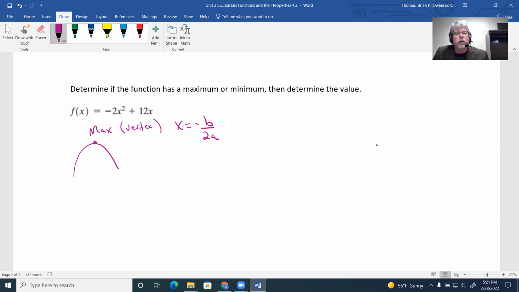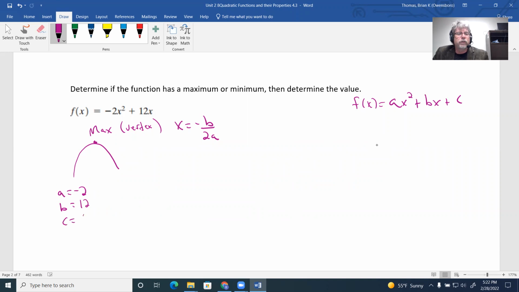So remember, when you look at an equation, it's f of x equals ax squared plus bx plus c. So the a is the coefficient of the x squared. So in our problem, a is going to be this -2. This b is going to be the coefficient of x, which is going to be 12.